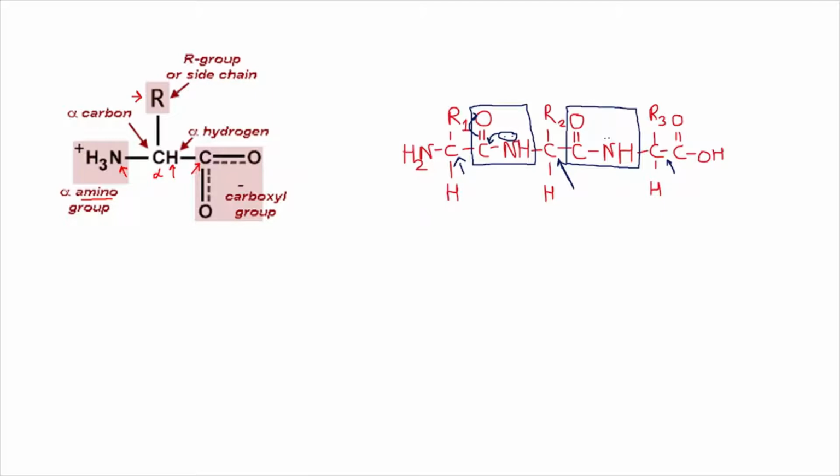Here also the same case will happen. This lone pair that is present on the head of nitrogen will come over this bond, and one of the bonds will go to the head of oxygen. So this is called resonance. Now because of this resonance, this C-N bond has partial double bond character or PDC.